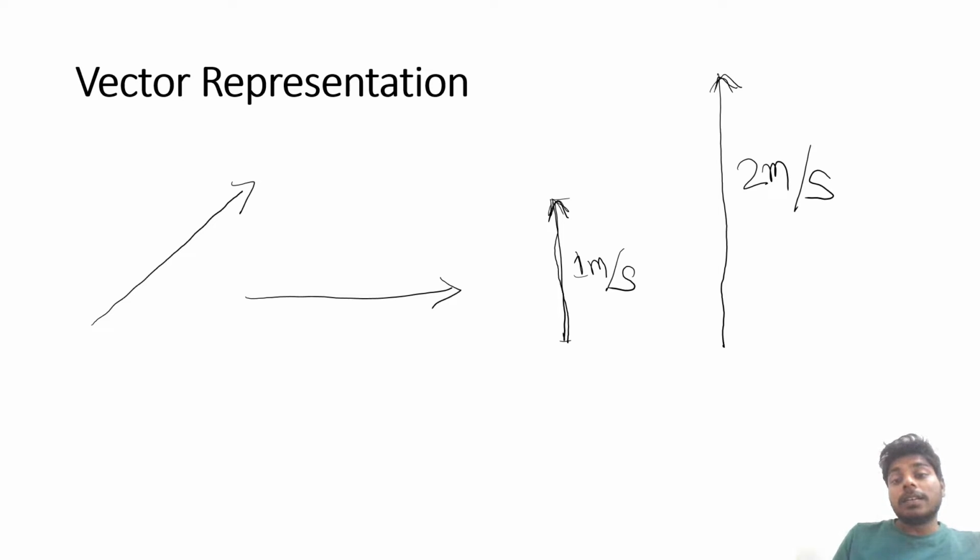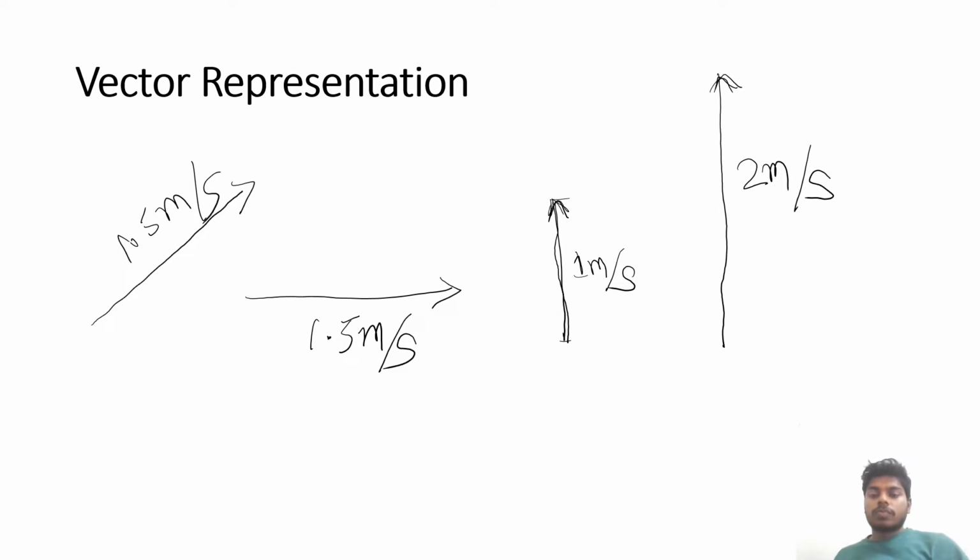This is, I think, 1.5 meter per second around, and this is also 1.5 meter per second. So the length of the arrow shows the magnitude of that vector. Here it is a velocity vector, and the direction of the arrow shows the direction of that vector.